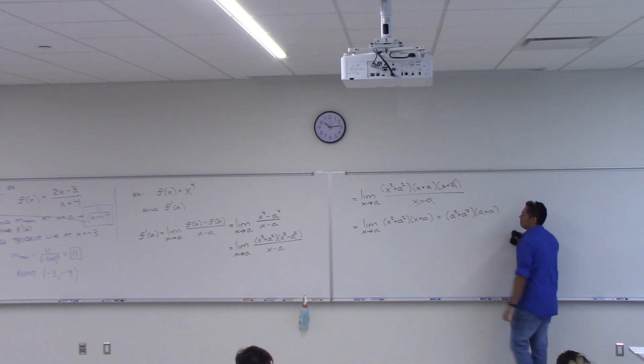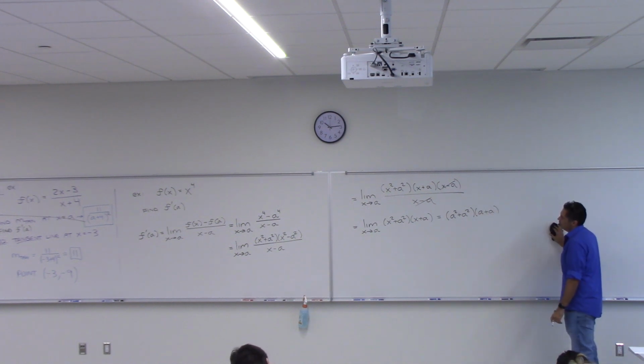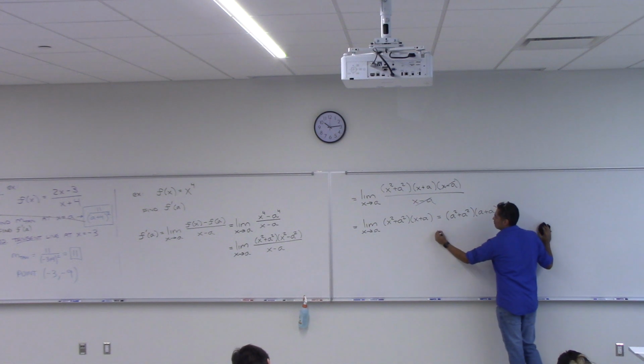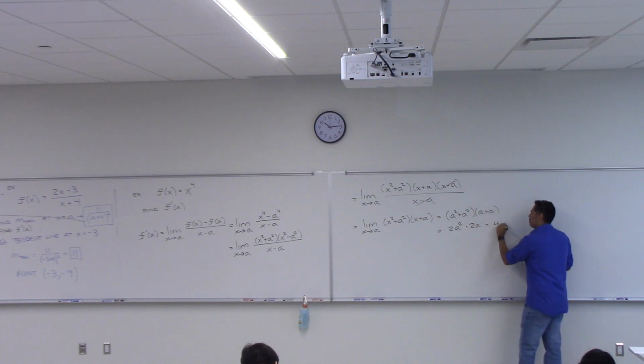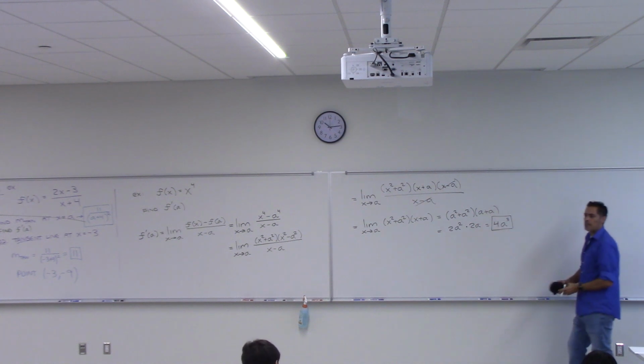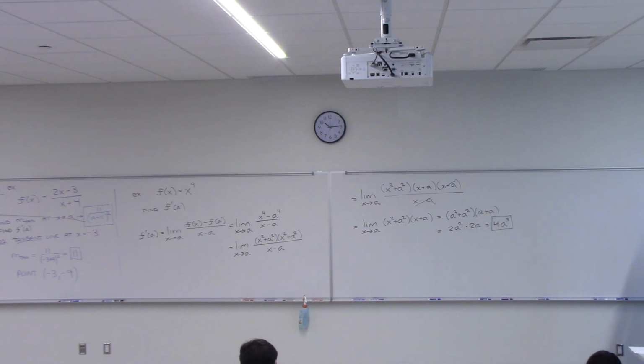Is that right? What's a squared plus a squared? 2a squared. Times, and then here? 2a. And this is 4a cubed.